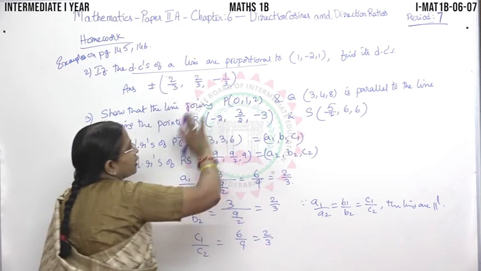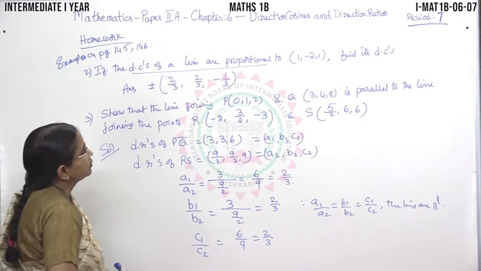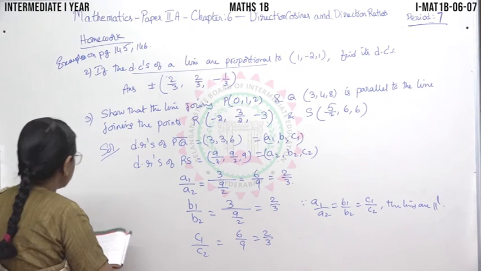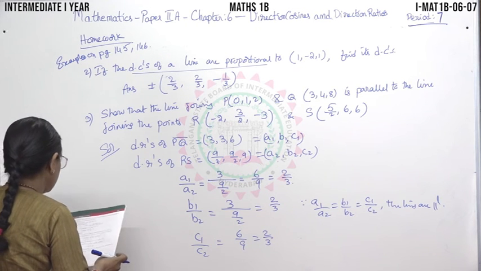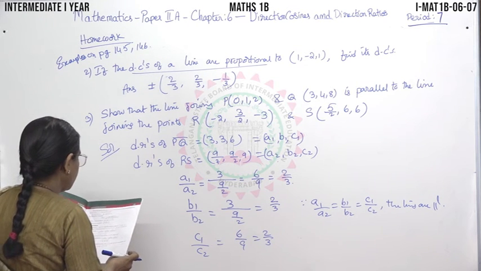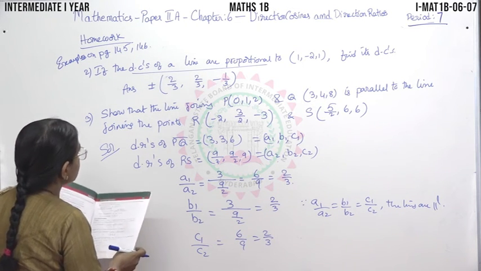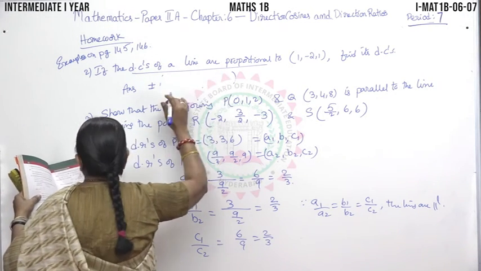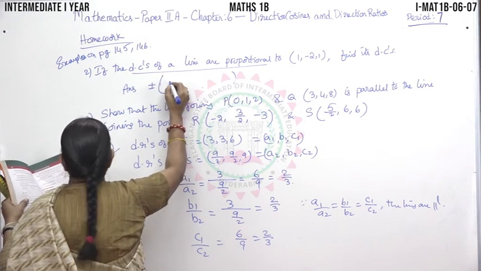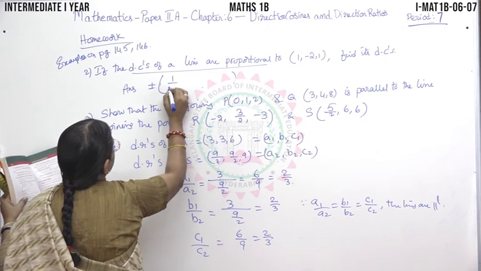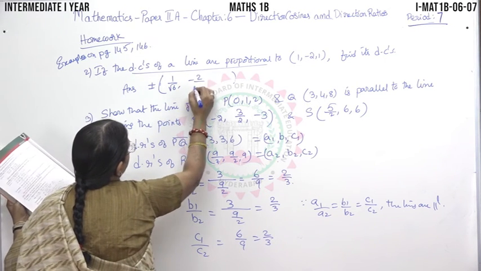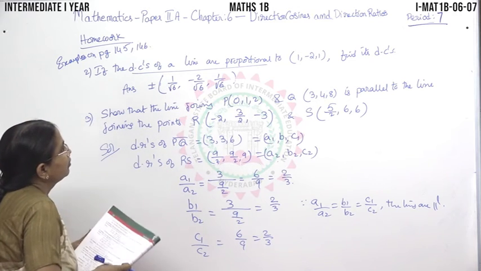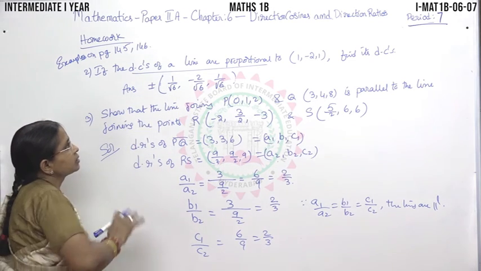That is root 6. Sorry, the answer should be plus or minus 1 by root 6 and then -2 by root 6 and 1 by root 6. I wrote the first sum answer. Okay, these are the direction cosines.